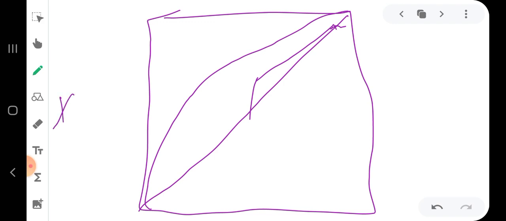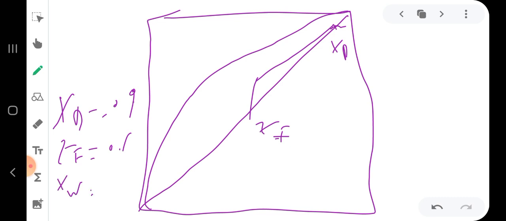If you have, for example, xD is 0.9, so it is here xD, and zF is 0.5, so it is here zF. And for example, if you have xW equal to 0.1, it is somewhere here.